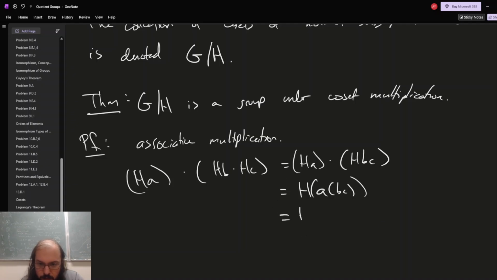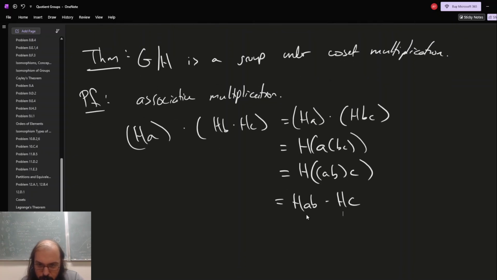Now we can use the normal associativity of the group to rewrite that as H(abc). And then I break this back up to Ha dot Hb dot Hc. Okay, that's the first thing we need.